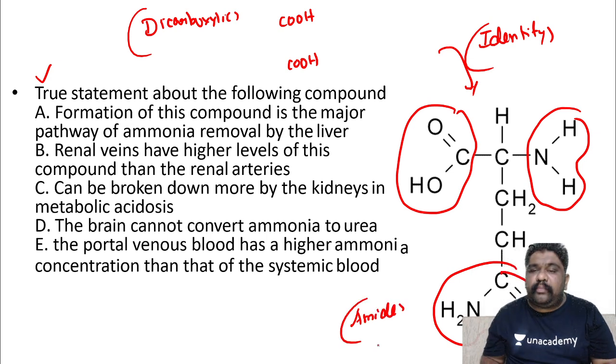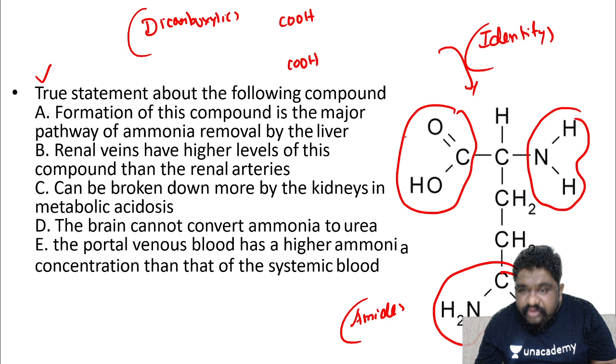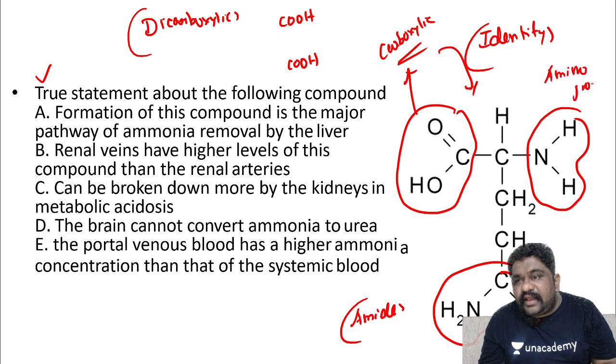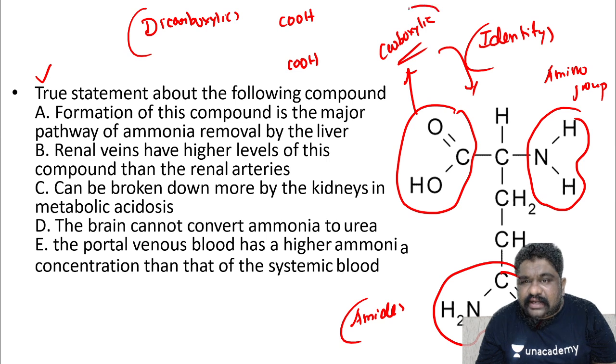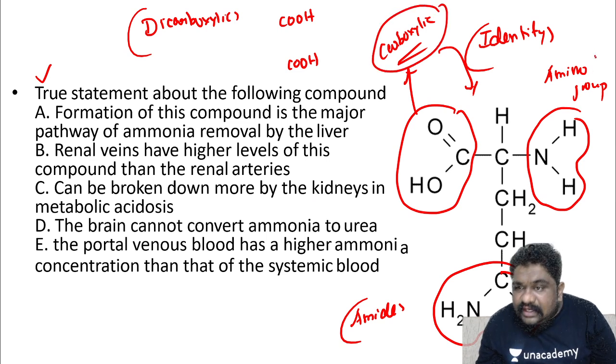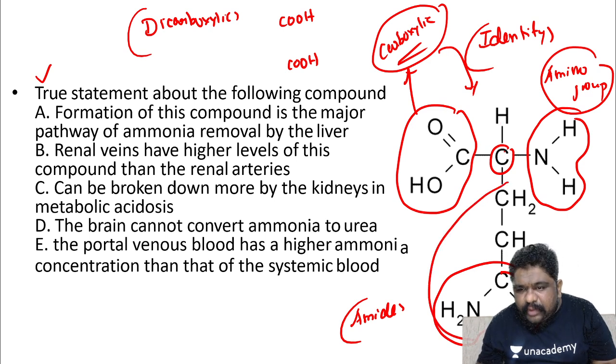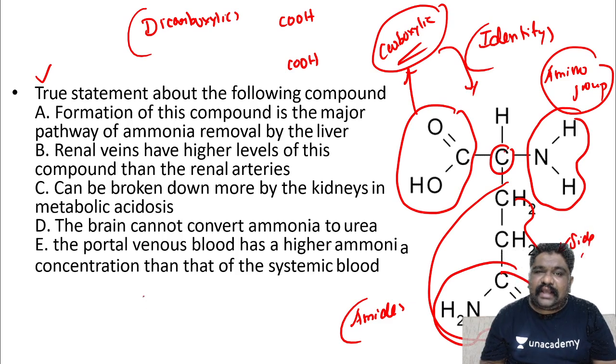Now, what are the different components you notice in this particular structure? Here you have a carboxylic group. Here you have an amino group. Any compound that has at least one carboxylic group and at least one amino group bound to a carbon, which can be just a single carbon or can extend to a huge structure like a side chain, qualifies to be called an amino acid.